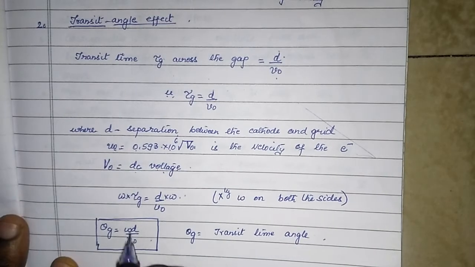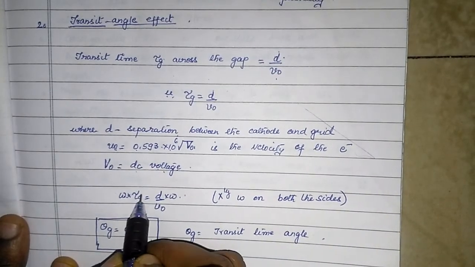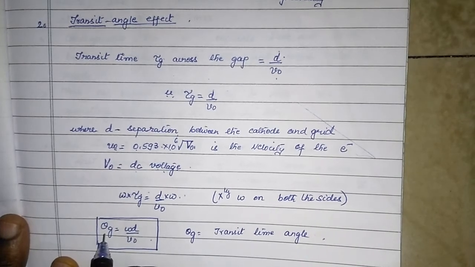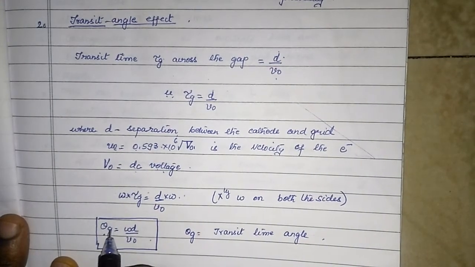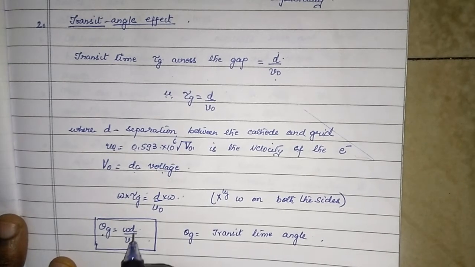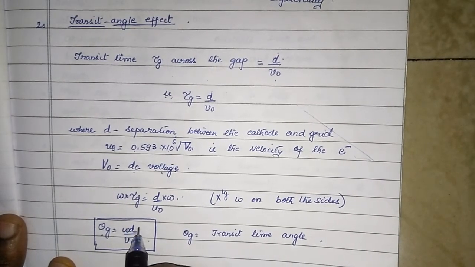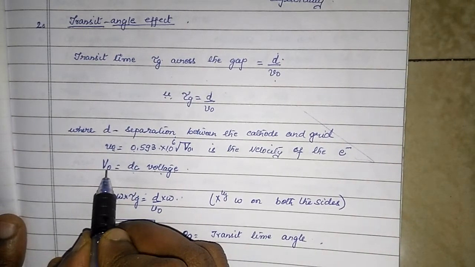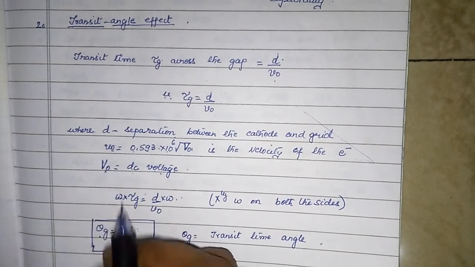We all know what omega into T is. You know omega equals theta by T, so omega into T is equal to theta. So theta g is equal to omega d divided by v naught. I hope you are clear with what is omega, what is small d, and what is small v naught. Please note, small v naught is velocity and capital V naught is your DC voltage.